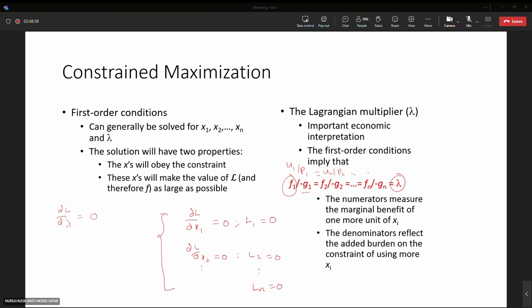So that's how Snyder and Nicholson look at the Lagrangian multiplier. It is more of looking at the benefit of consuming an extra X and the cost of consuming the extra X. But it can also be seen as what I said just now: what is the impact of a change in the constraint on the objective function?